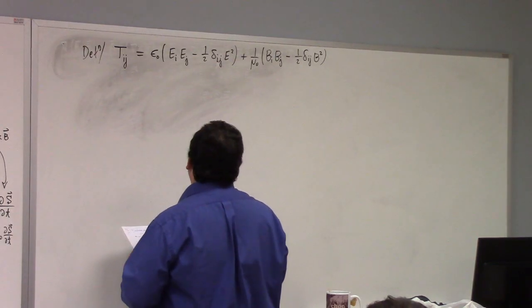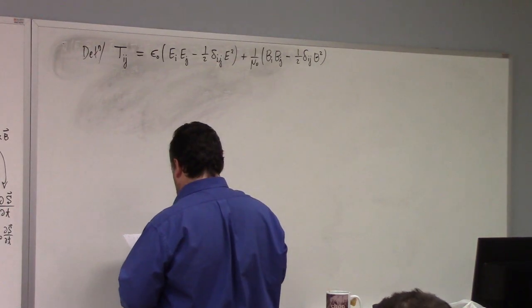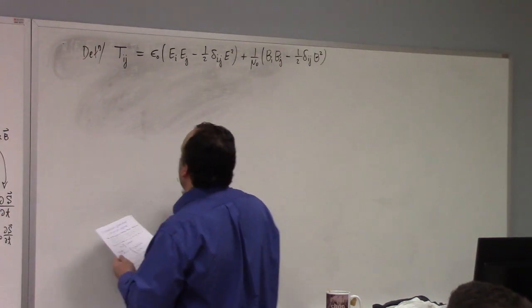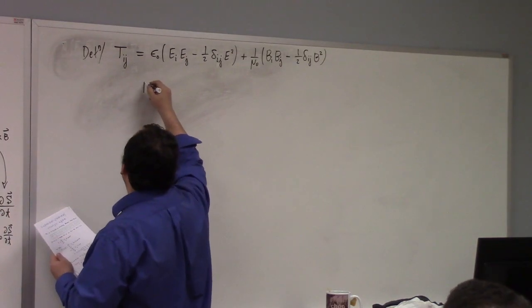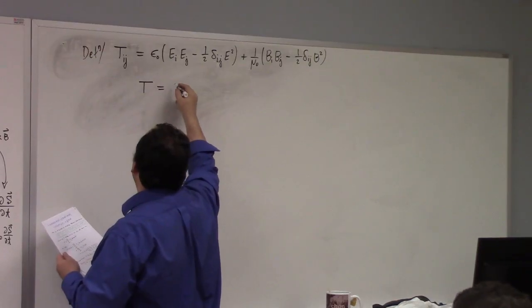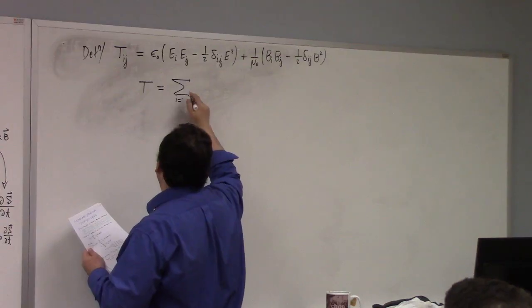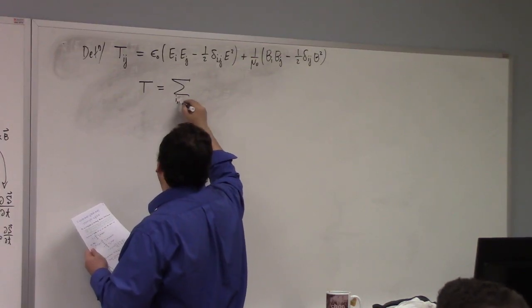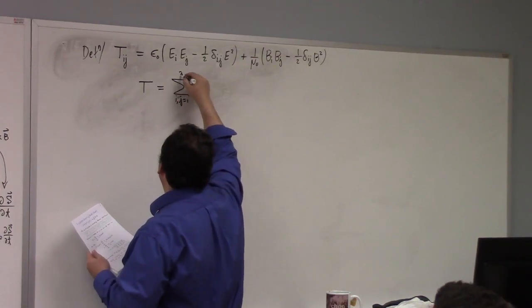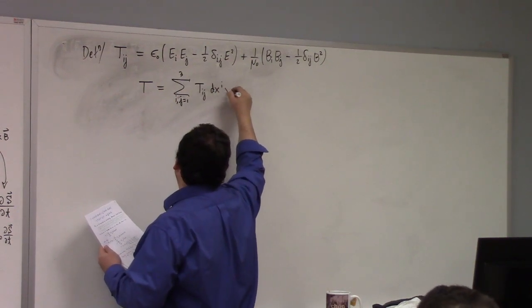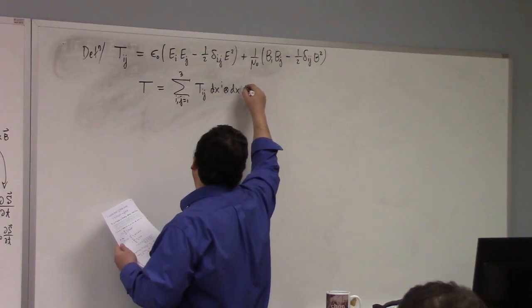So let's see here. I could build it as a genuine tensor. I mean, you could write this: T is equal to the sum, i and j equals 1 to 3, of Tij dxi tensor dxj, whatever that means.